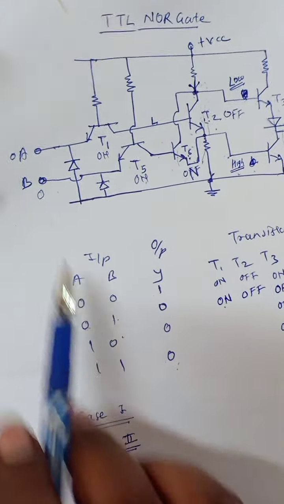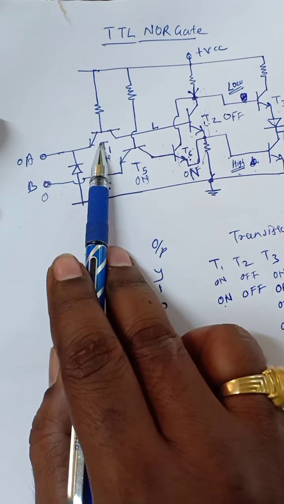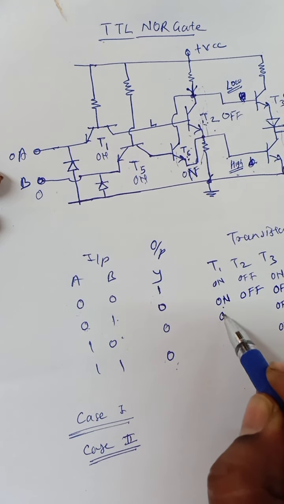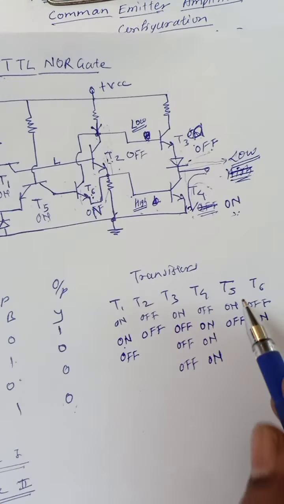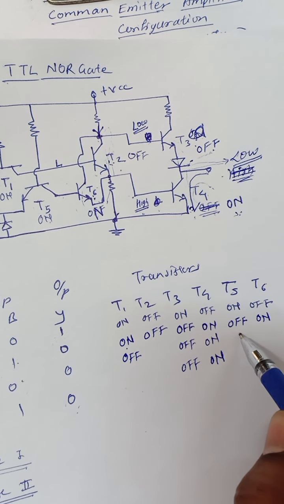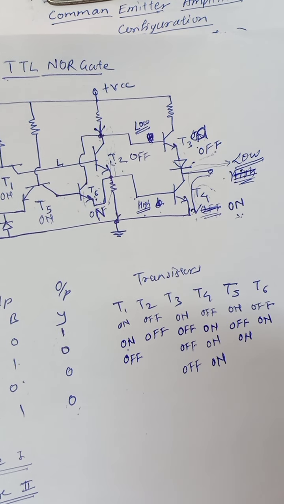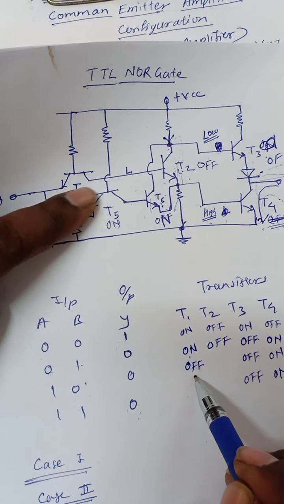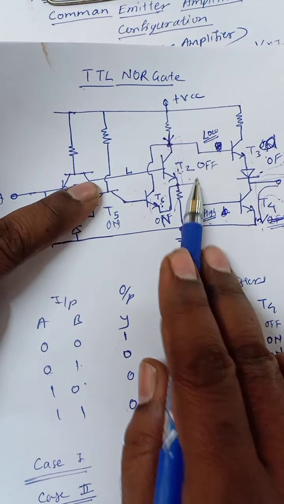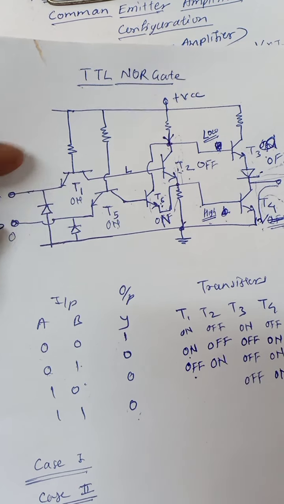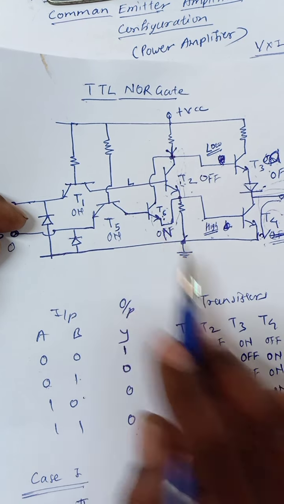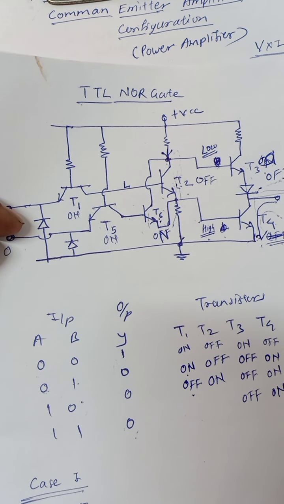For 1 0, if this is 1 and this is 0, T3 will now turn off and T5 will turn on. As T1 will turn off, its collector voltage is high and T2 will turn on. Because this is in on state, collector voltage decreases and this goes into off state.